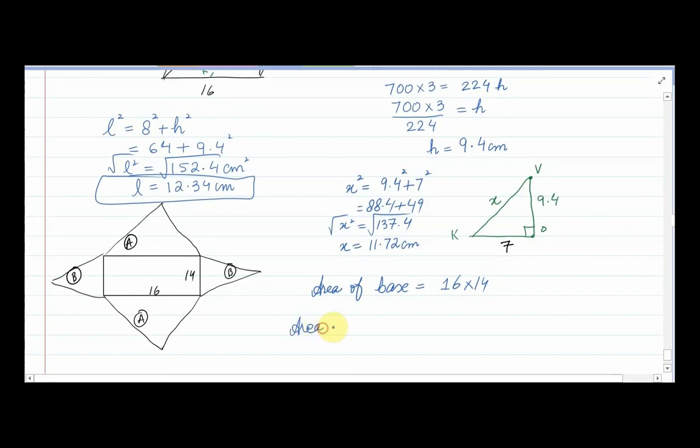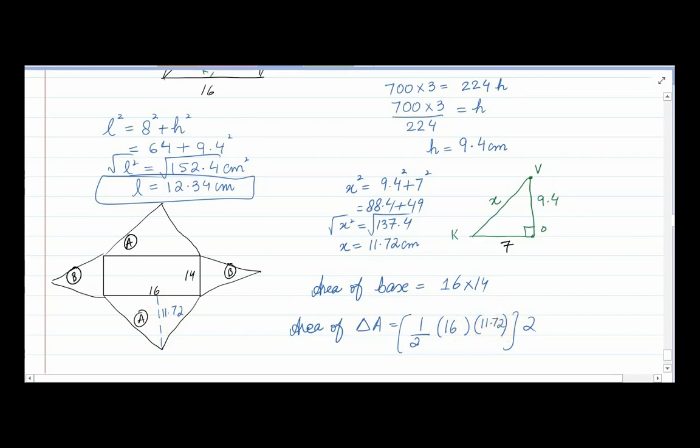Area of triangle A is equal to 1 upon 2 base multiplied by height, and there are two triangles, so we will multiply it by 2. Now triangle A has a base of 16 and the triangle A slant height is the value of x, that is 11.72, right?